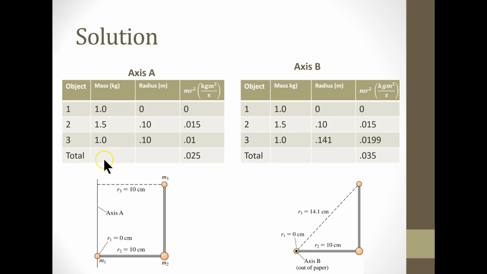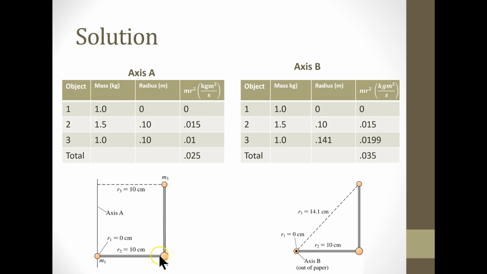So we found the mass of each object and the distance from the axis of rotation for each of these, and then using the MR squared version, because this is true for a point mass moment of inertia, we were able to find the moment of inertia for each object and then add them together. So this first object is on the axis of rotation since we're rotating this whole object about this point, so it doesn't contribute to the moment of inertia.